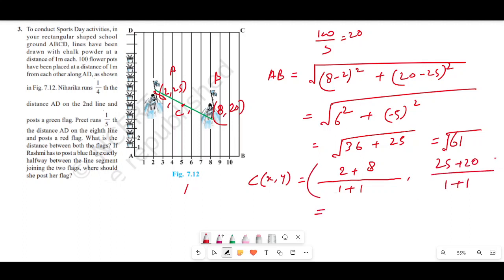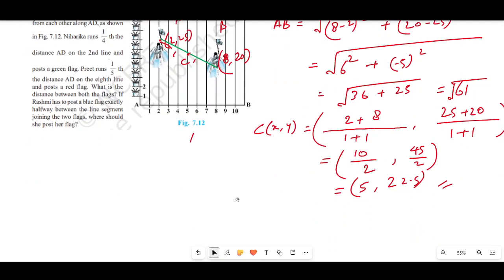Now this is 10, this is 2, this is 45, this is 2. That means (5, 45 by 2), that means 22.5. That is the value of C between both flags. Clear? Now come to question number 4.